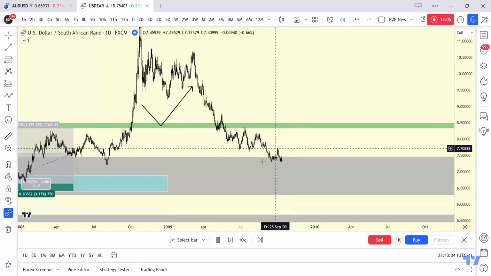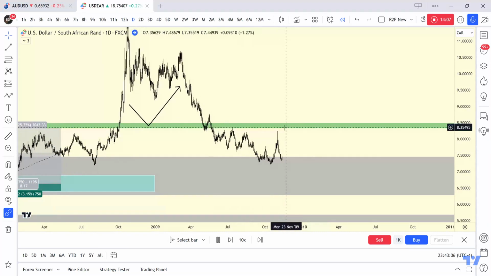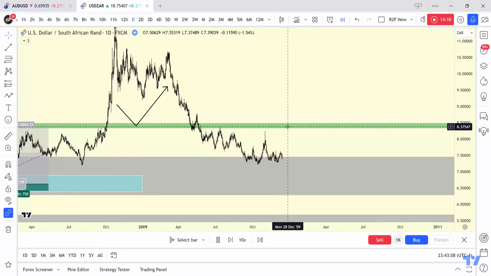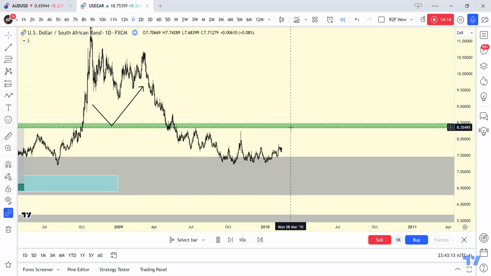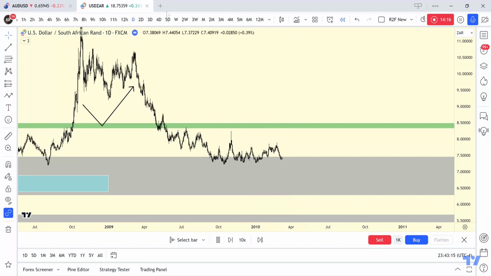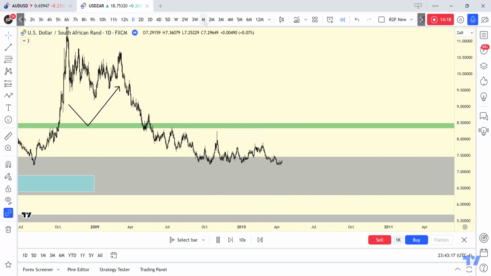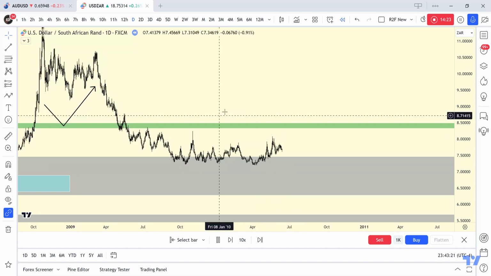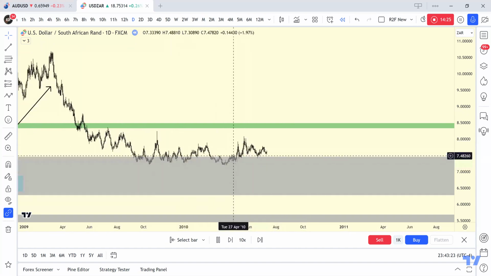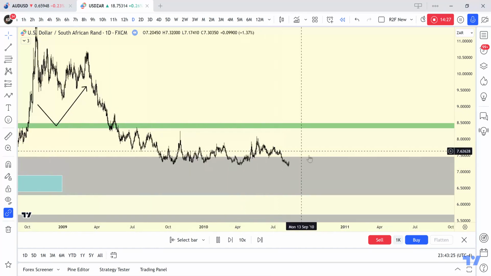Let's just let it form. Maybe use as resistance. A lot of consolidation here.